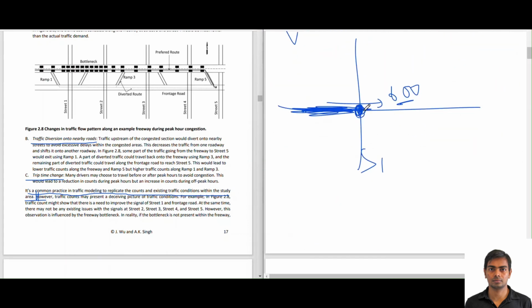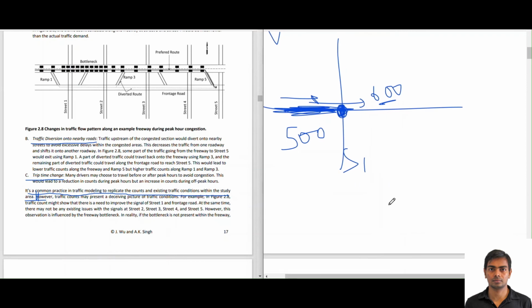Or if this volume is pretty high and that congestion is fixed, ideally this volume will become low. But since our model is hardwired to this higher number, we will always keep this number high in the final alternative as well. So if we have observed 500 vehicles here, in none of the alternatives are we going to change this to 100 vehicles.